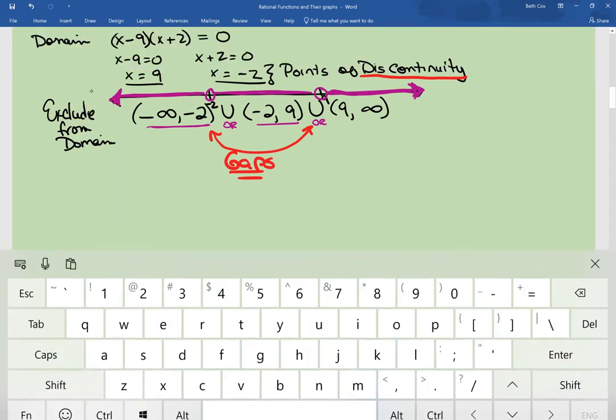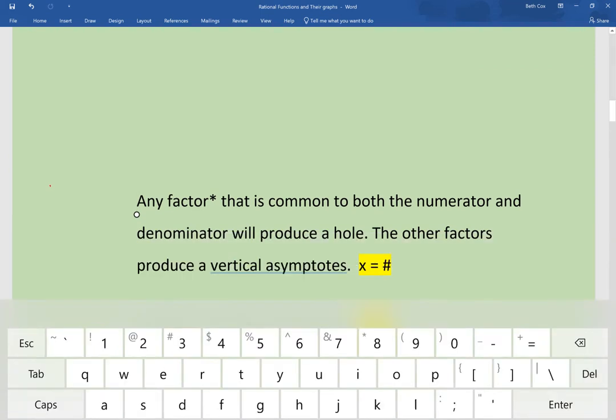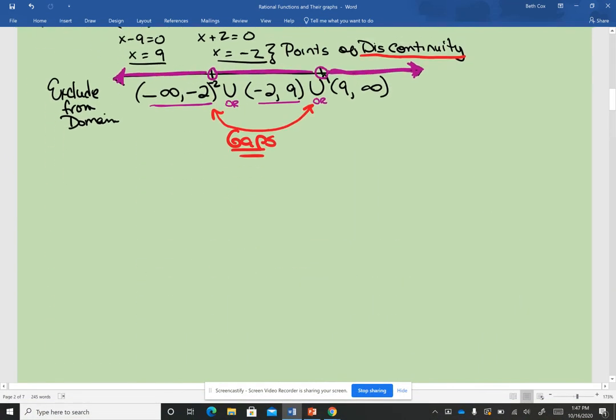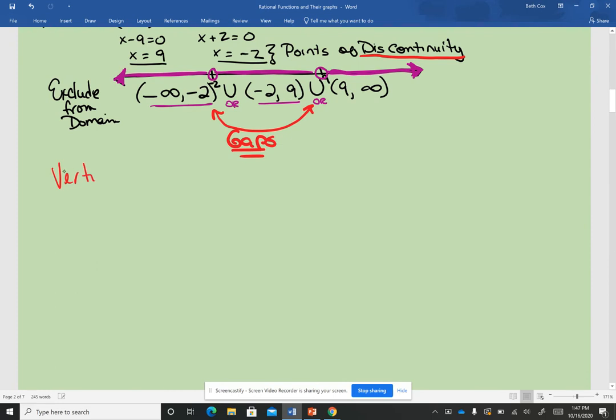The first type are called vertical asymptotes. Vertical asymptotes are invisible vertical lines.